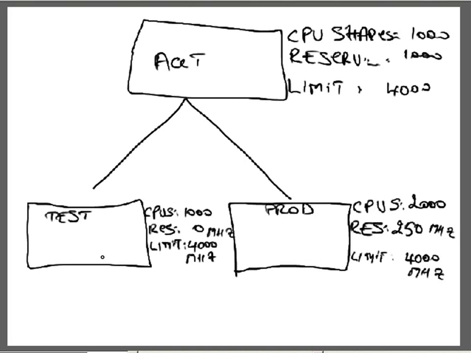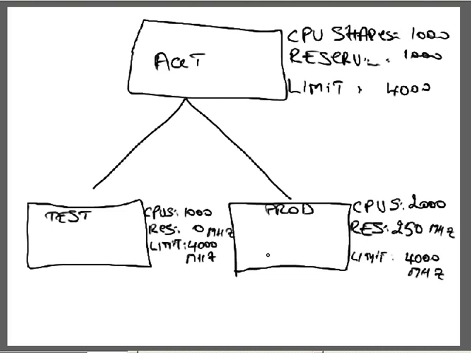You're also going to notice that for test, we've given them 0 as far as reservation goes. So the virtual machines in this test resource pool don't have a reservation, clearly signaling that those aren't important virtual machines to us. When it comes time for these virtual machines to fight for resources, we don't want the test virtual machines to have anything reserved, and we want the production virtual machines to have most of the resources available to them.